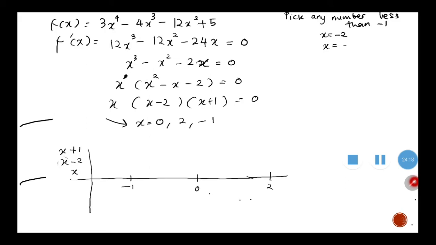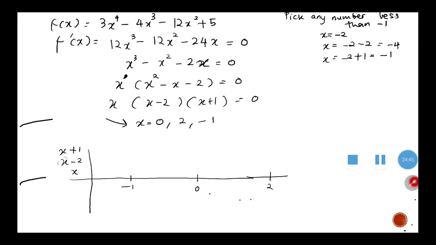So minus 2, you will get minus 4. And when x plus 1 is minus 2 plus 1, you will get minus 1.